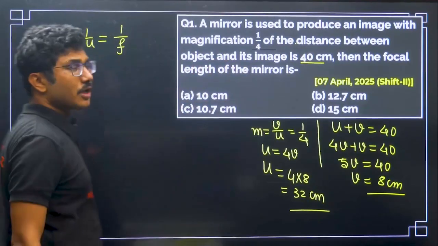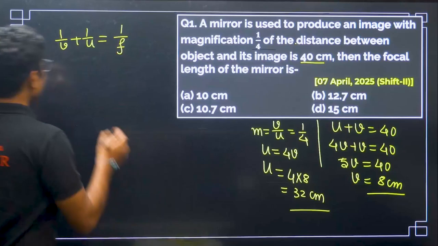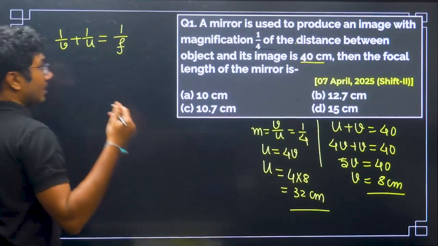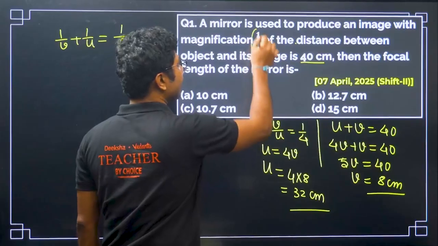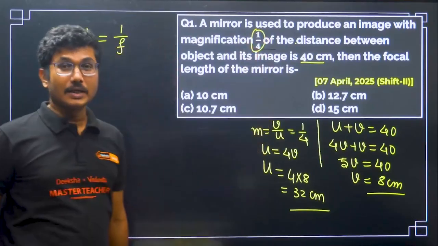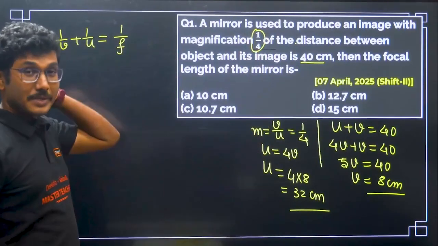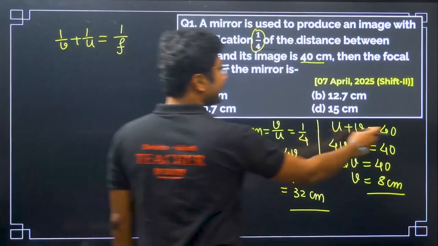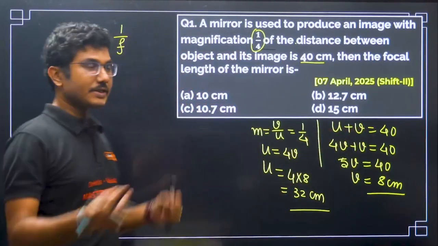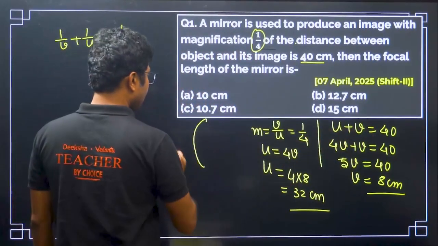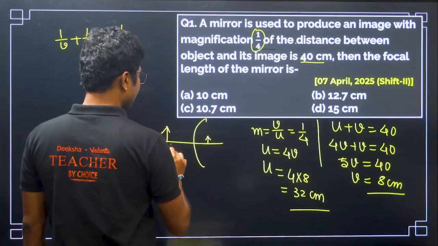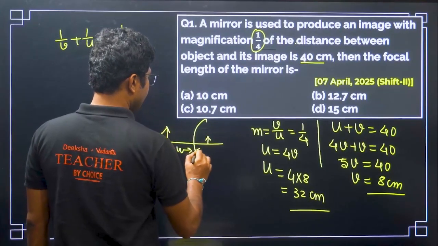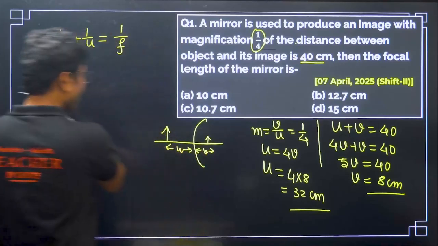Now in this case we have to put the sign. The type of mirror is not mentioned, but from the magnification we generally guess that it is a convex mirror, so the image is virtual. Also, U plus V being a distance means obviously it's a virtual image. So convex mirror, this is the object, image formed somewhere here. So this is U and this is V. So V is positive, U is negative.